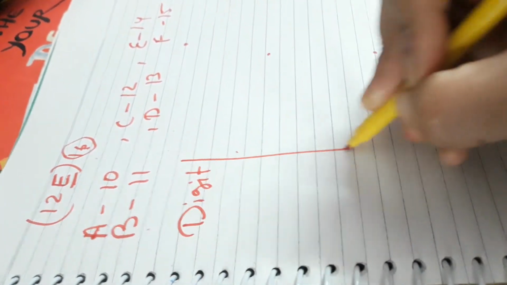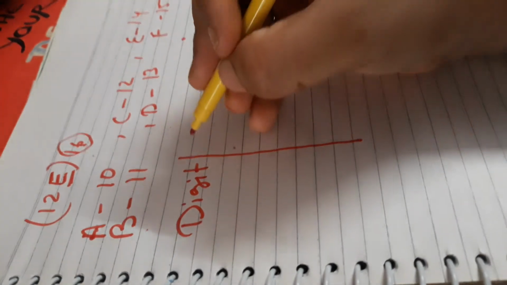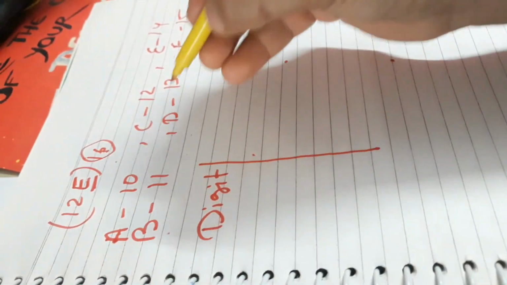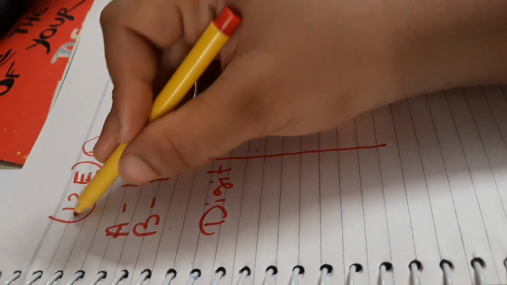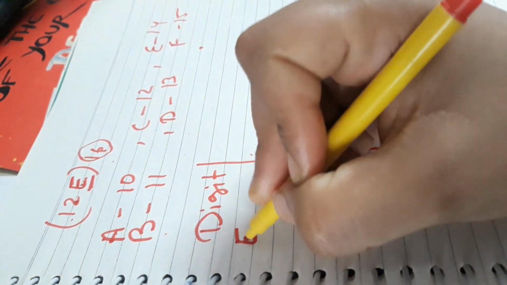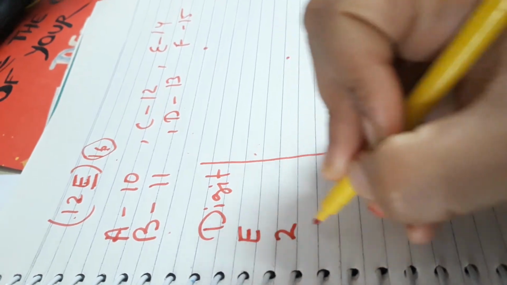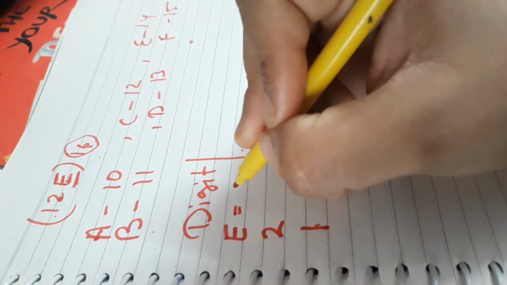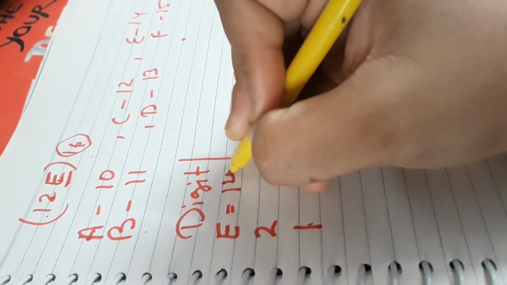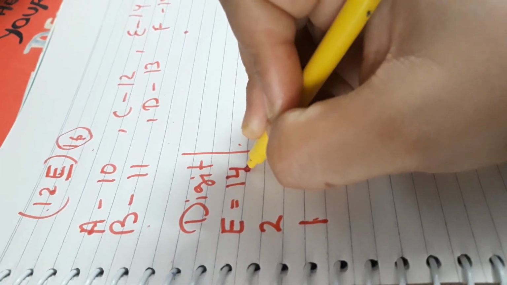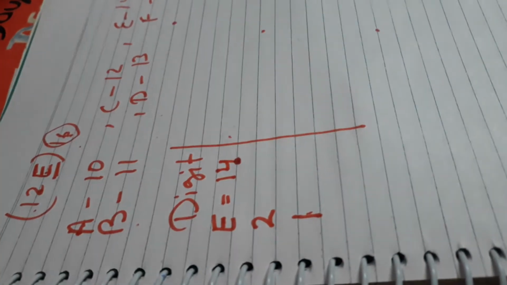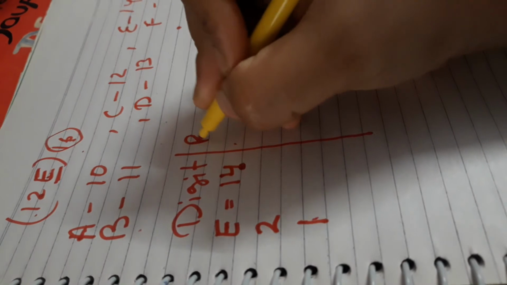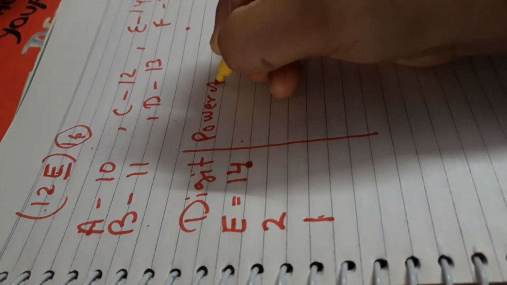Now how will we calculate hexadecimal into decimal number? We will write the digits: E21, right? The place value of E is 14. Now the power of base.